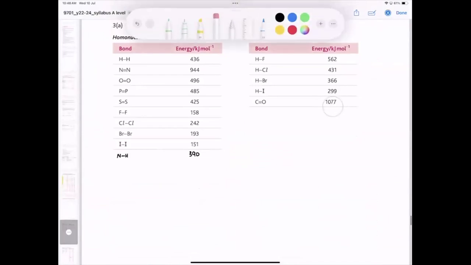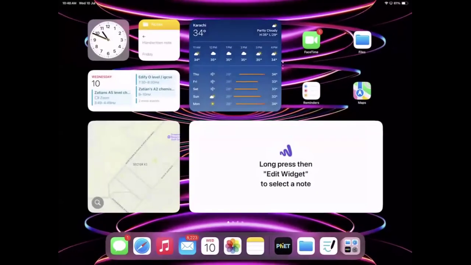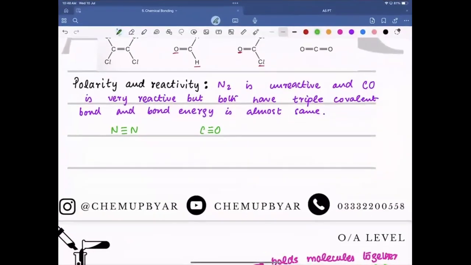See the bond energy of the carbon-oxygen triple bond? 1077 kilojoules per mole. And the nitrogen triple bond? 944 kilojoules per mole. Right? Yes, sir. But if the bond energy is higher, shouldn't it be unreactive?